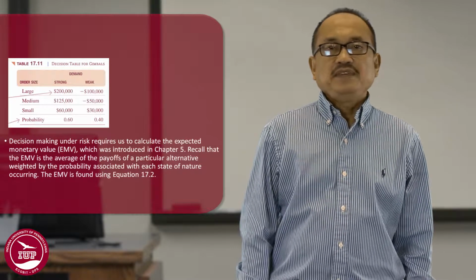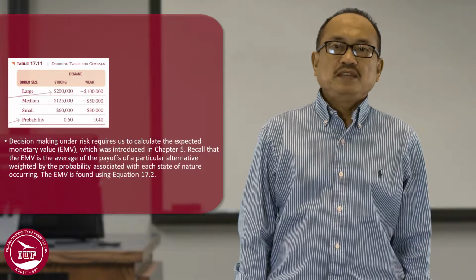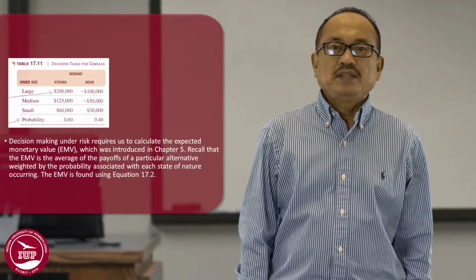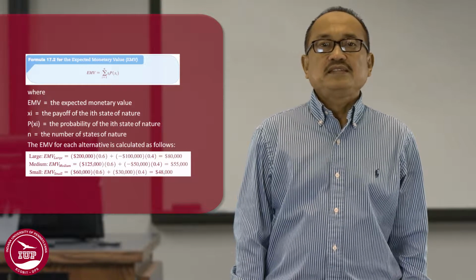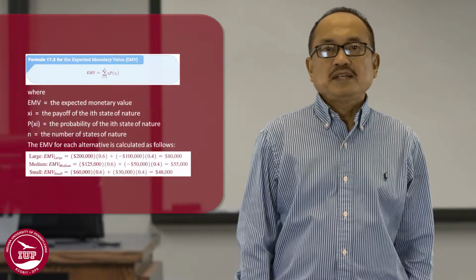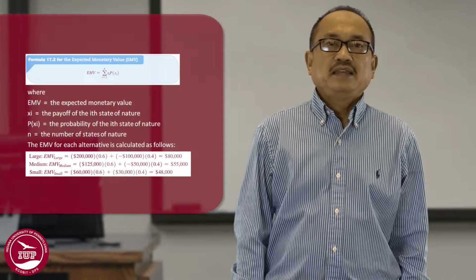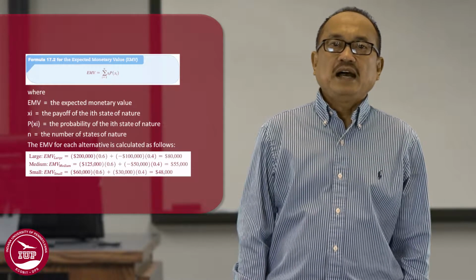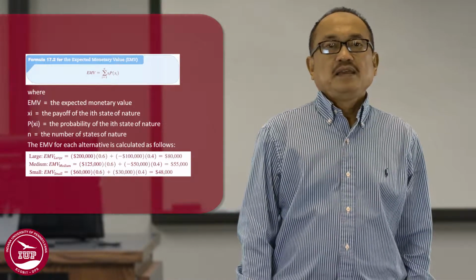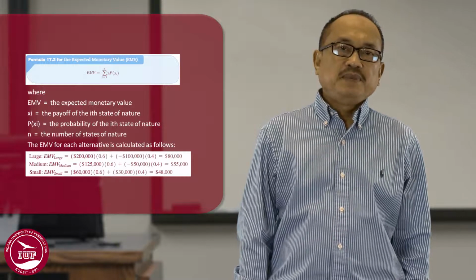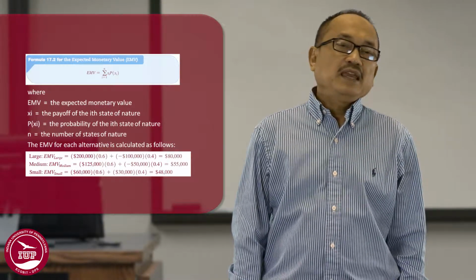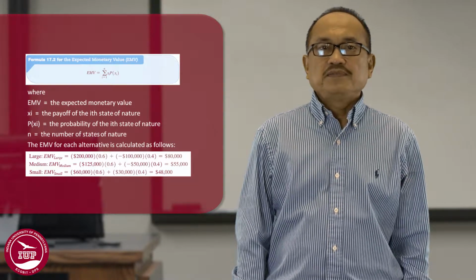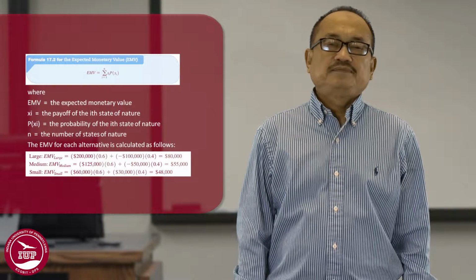The EMV is found using equation 17.2, where EMV is the expected monetary value, Xi is the payoff of the ith state of nature, P(Xi) is the probability of the ith state of nature, and N is the number of states of nature.